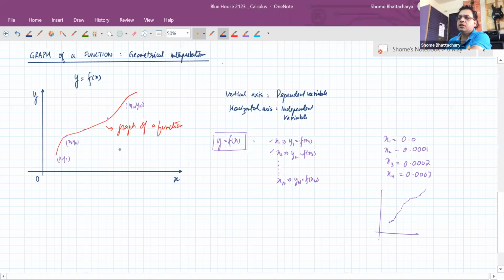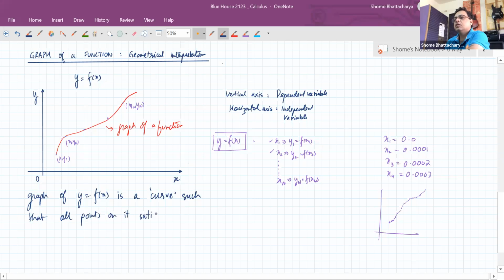So on the two-dimensional plane, the graph of a function is a curve such that all points on it satisfy the relation y is equal to f(x).